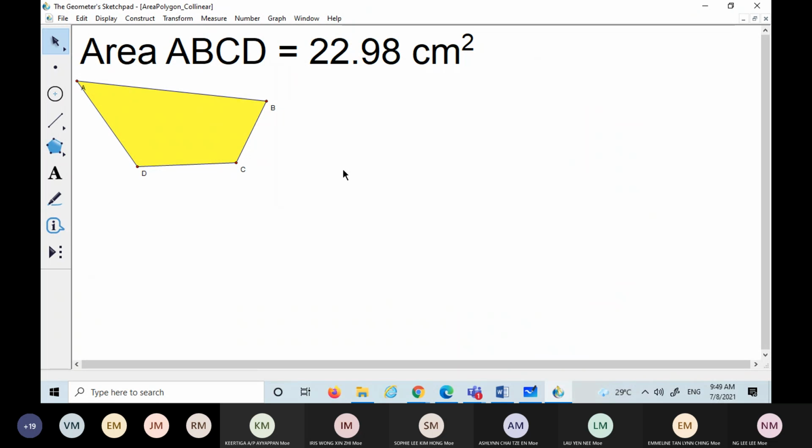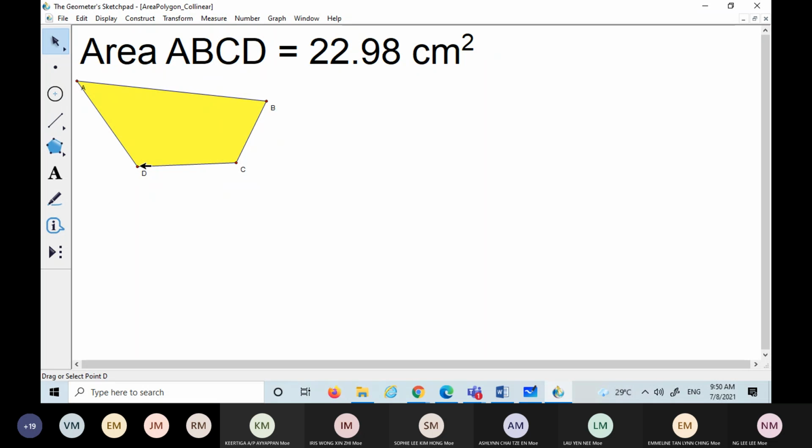This one is actually more than 3 points, this is a quadrilateral, but the same idea. What is the meaning if the area is equal to 0?